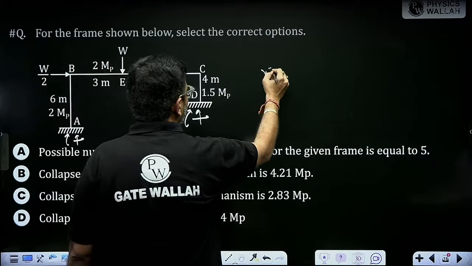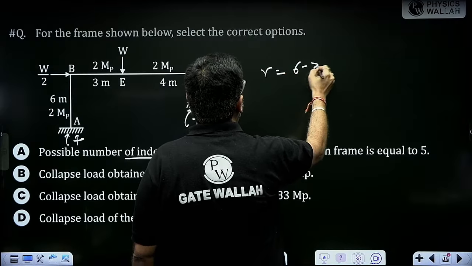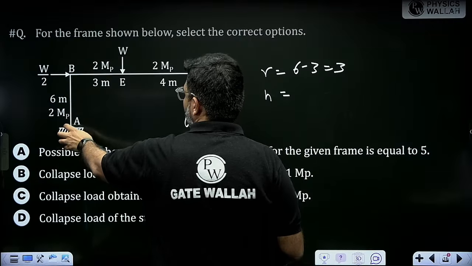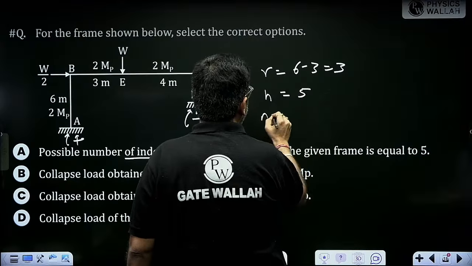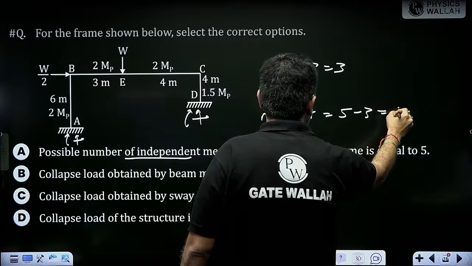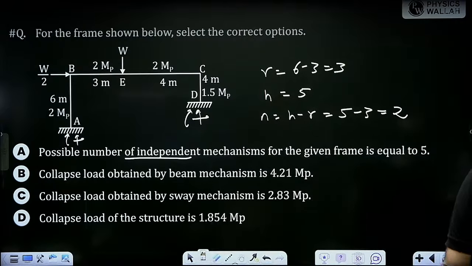From formula also we can do. Redundancy is 3, 6 minus 3. Number of locations of plastic hinges 1, 2, 3, 4, 5. N is equal to H minus R, 5 minus 3, that is 2.